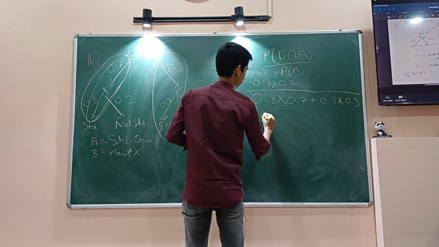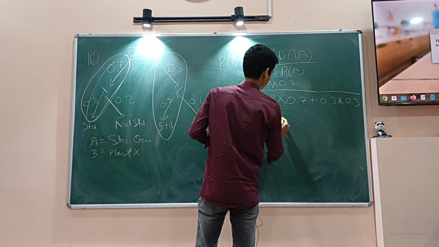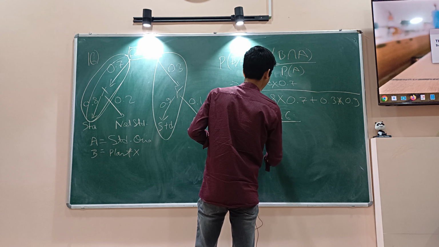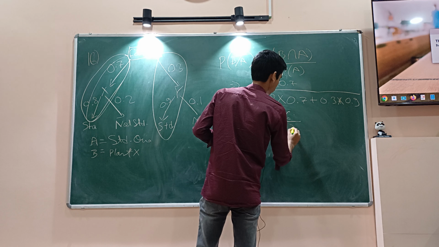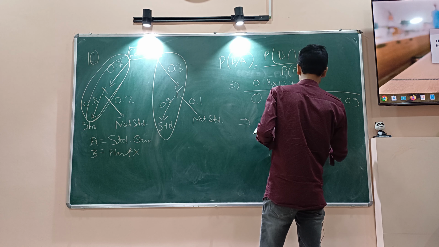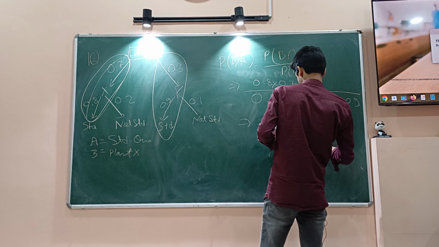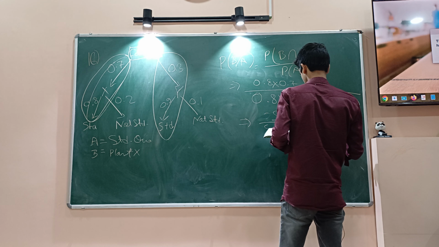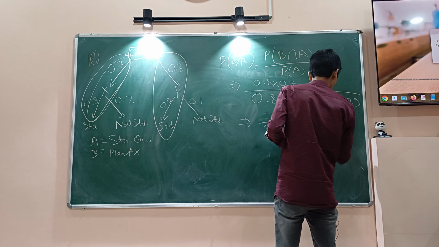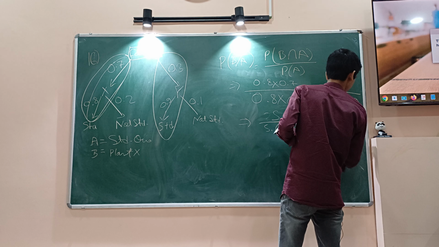So this is 5.6 divided by 5.6 plus 2.7, which is 5.6 by 8.3, which is 56 by 83.